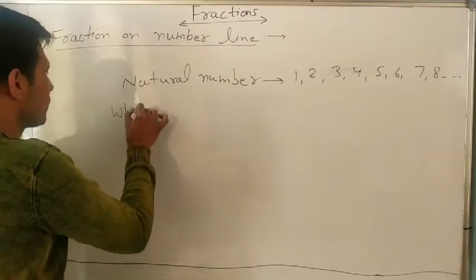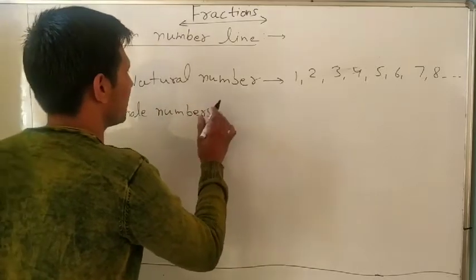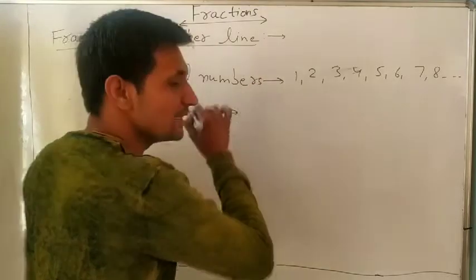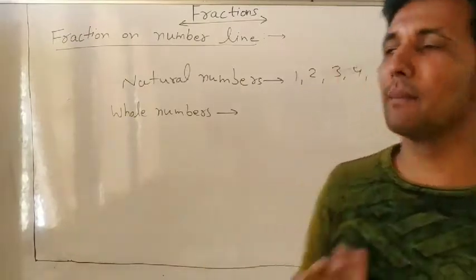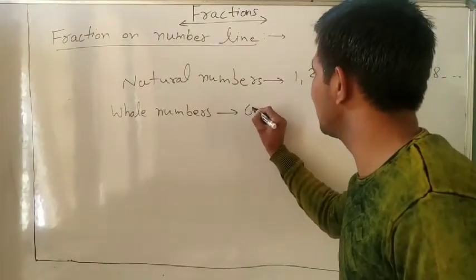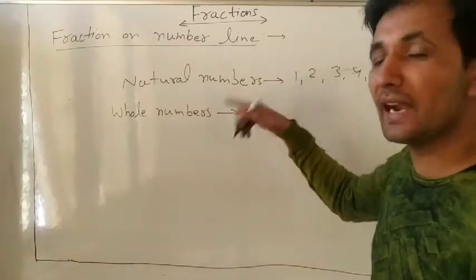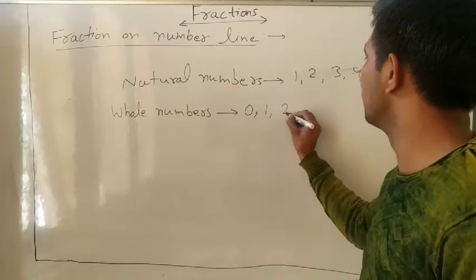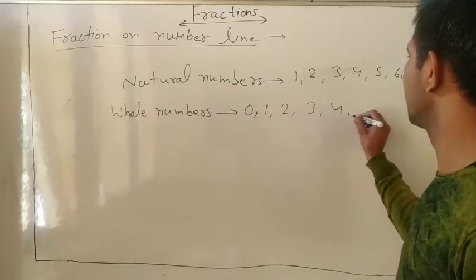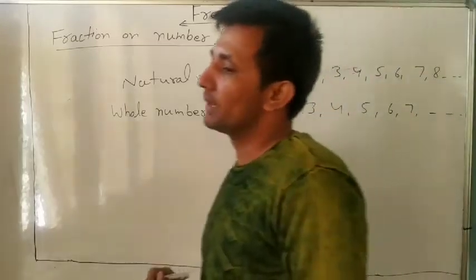And next is whole numbers. What are whole numbers? Whole numbers mean if we add zero to the natural numbers, then it becomes whole numbers. Understand it? So these are whole numbers.